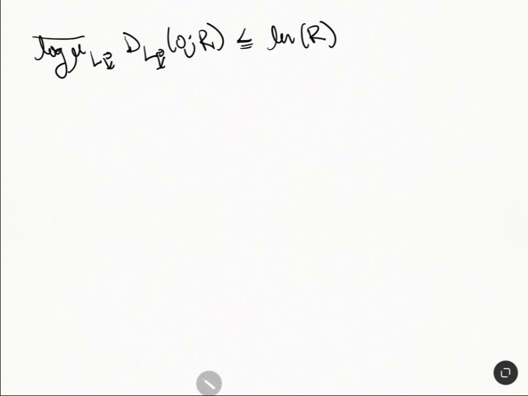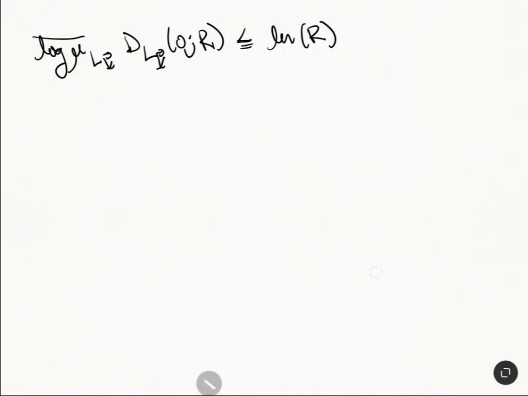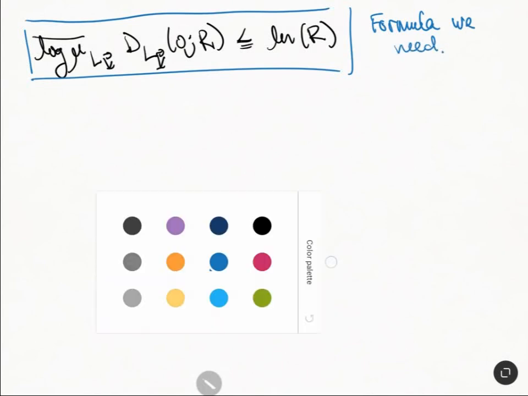That's it. So this is a formula that we have that we're going to apply. So this is a formula we need. I'll link to a proof of this in the description if I make a video of it.